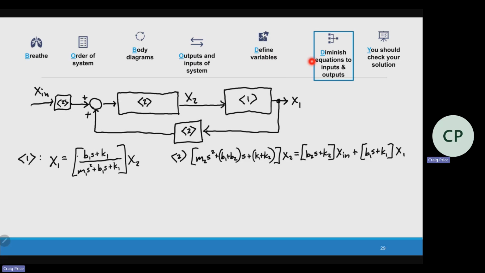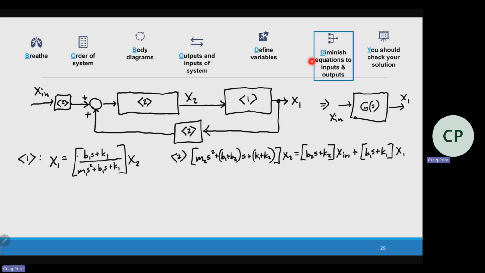using algebra. Now that I'm in the S domain, Laplace, I can substitute one of these in for the other and take this complicated system and change it to one that's more simple. X in goes in, and then we have a new transfer function that then spits out x1.